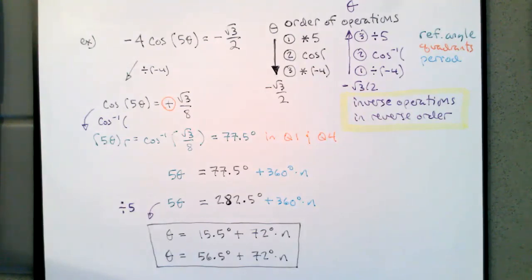But for any of you that are teachers that are going to have a problem with what I'm saying about inverse operations in reverse order being the way, what about even just a general quadratic, ax squared plus bx plus c equals 0? If the variable appears more than once, then we can't do inverse operations in reverse order.